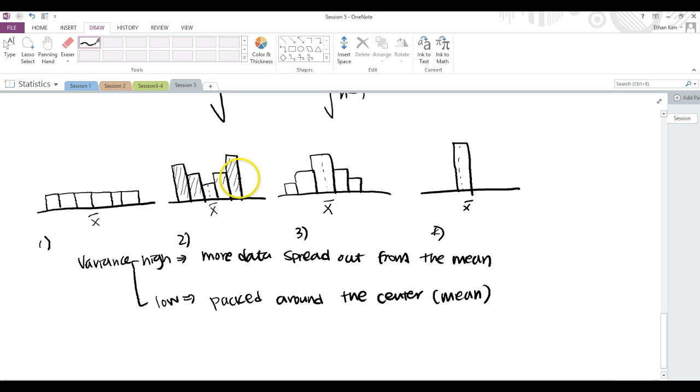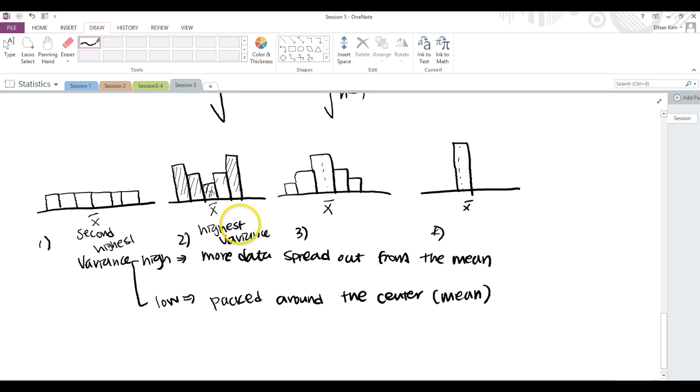So the mean has the least frequency or relative frequency compared to other observations. So number 2 has the highest variance, because you have more data further away from the mean. Correct? And which one has the second highest? This is the second highest.